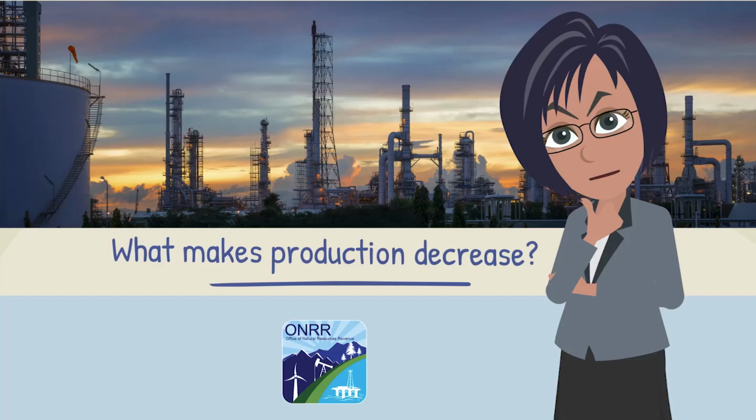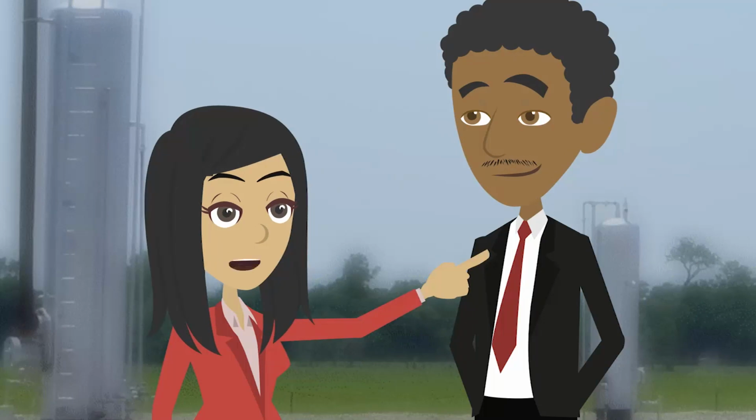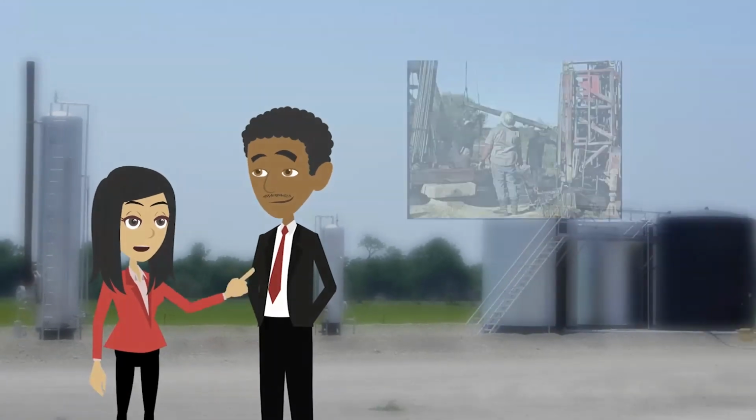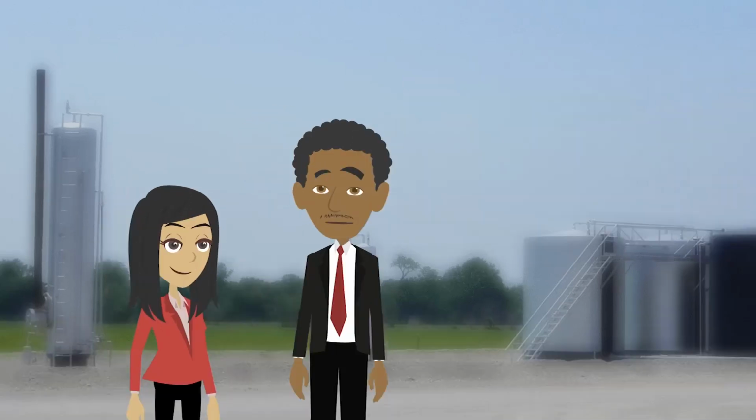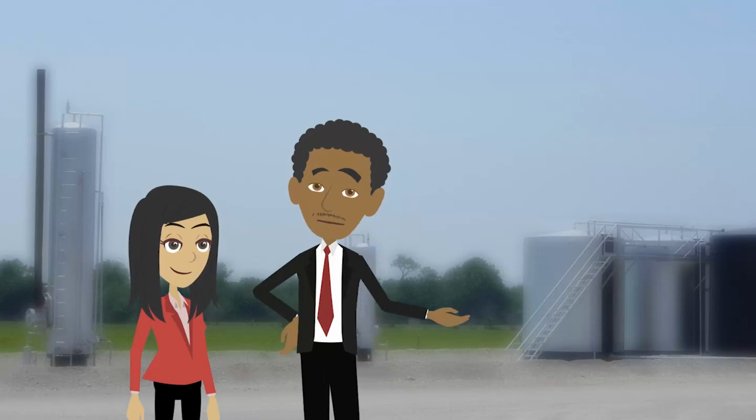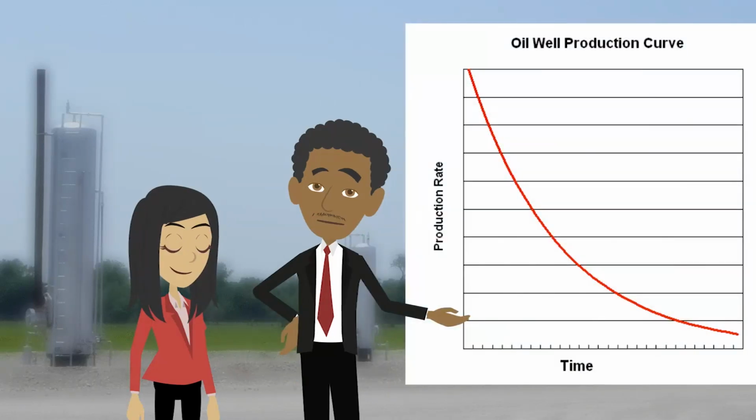What makes production decrease? Production can decrease temporarily if a well is plugged for repairs. Production will also decrease over time because each well has a limited amount of product in its formation.